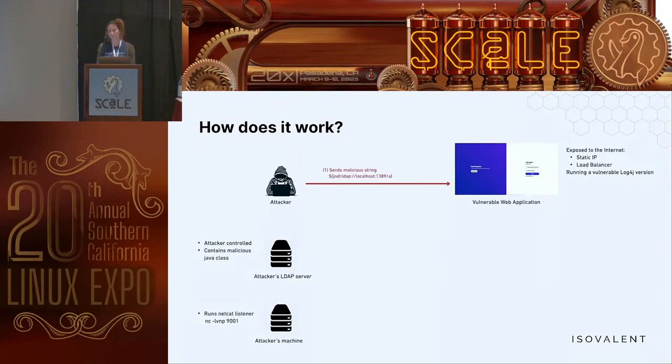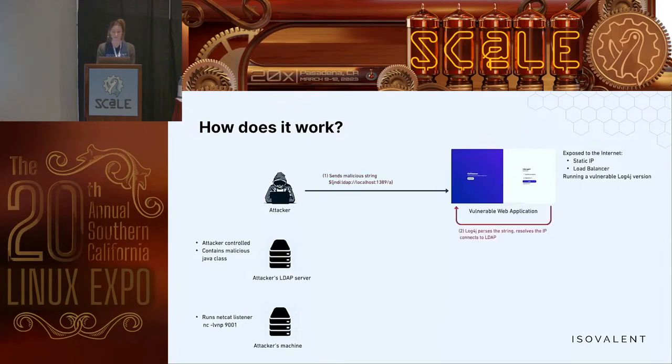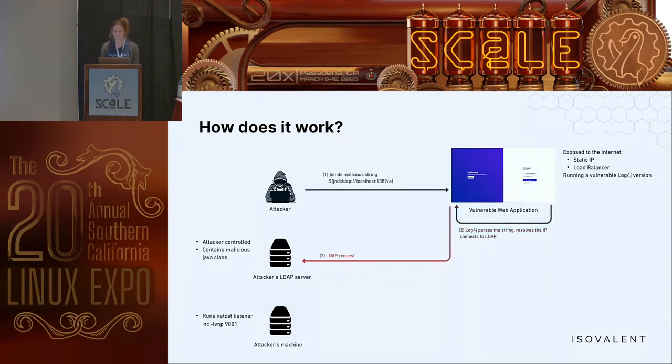I can send the malicious string to the application, so let's say jndi:ldap and then the LDAP server name. The Log4j library that the application is using will parse the string, resolve the IP, and connect to the LDAP server.